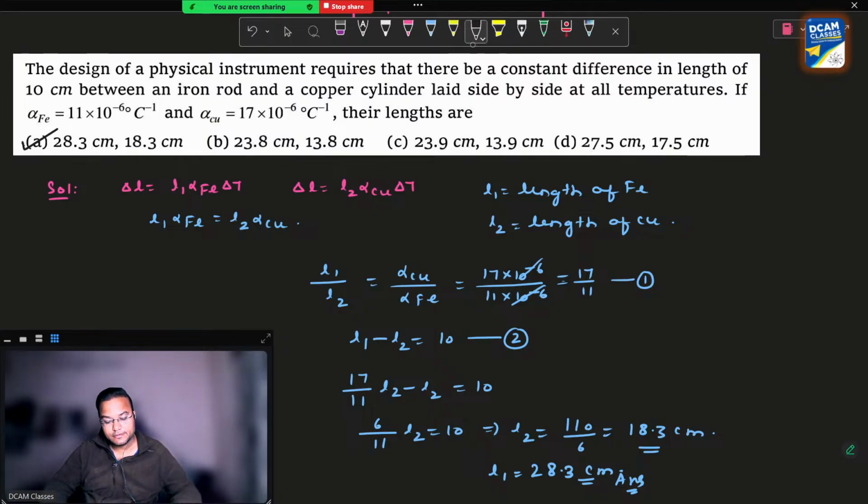Did you get the answer? Sir, I got it till 110/6. I just didn't do the calculation. It was actually easy. 18.3 and 20 means you got the answer. What about Kanishka? Did you get the answer? Yes, sir. Okay, very good.